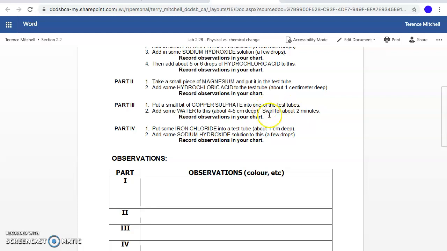And when it says here to swirl, basically that means you are going to stir. And the final experiment, iron chloride, and you're going to mix some sodium hydroxide with that as well and record your results. So remember, in all 4 of these parts, you are looking to see if a physical change has taken place and what that physical change is, or if a chemical change has taken place and what that chemical change is.